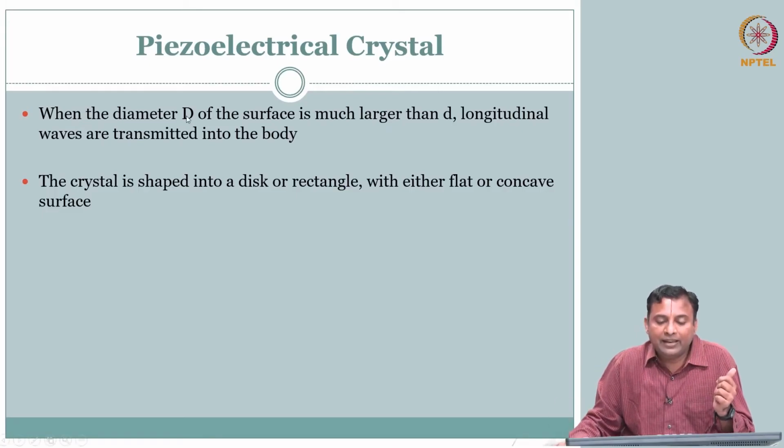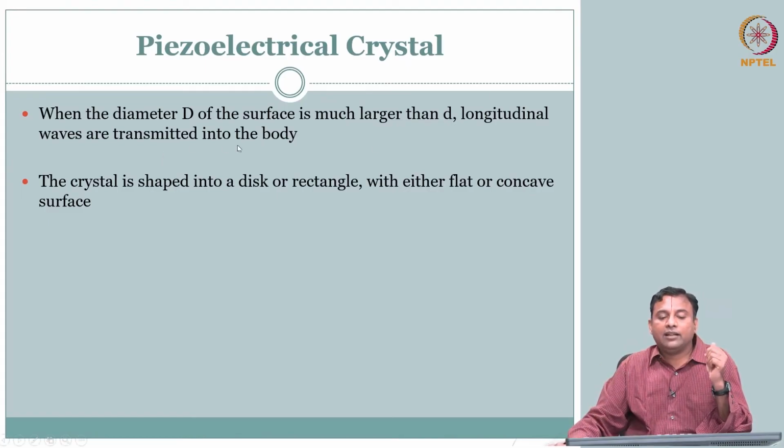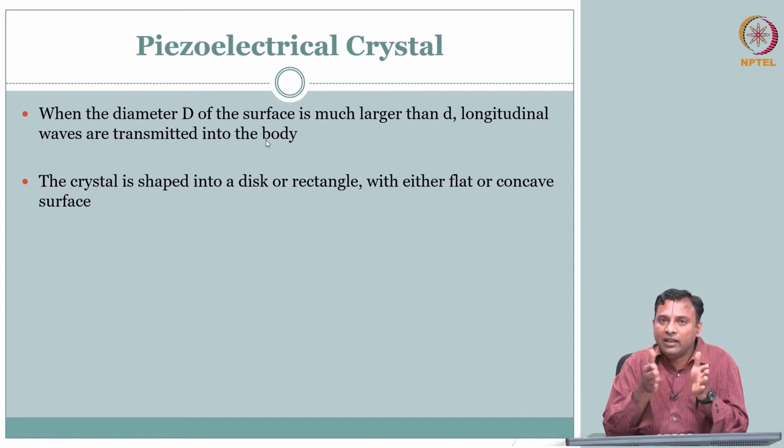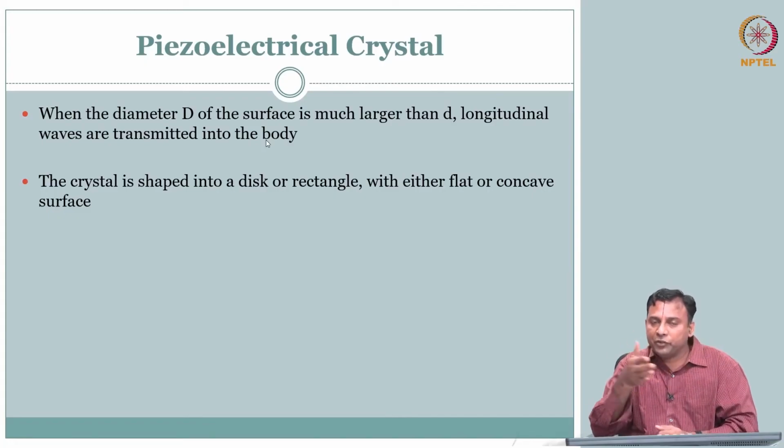So, when the diameter d of the surface is much larger than the thickness, that is, the surface area is more than your thickness, longitudinal waves are transmitted into the body. So, we engineer the crystal so that you predominantly get a compressional wave that can be sent into the body. This wave has to be sent into the body.